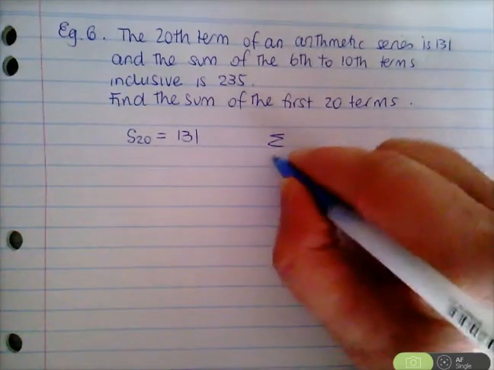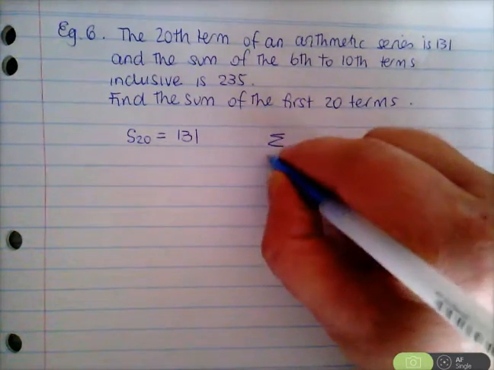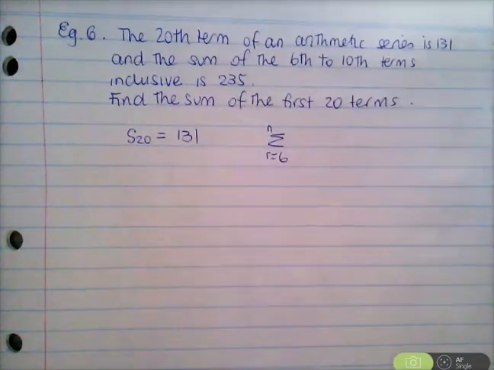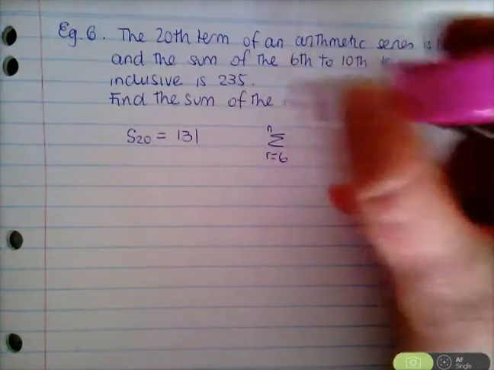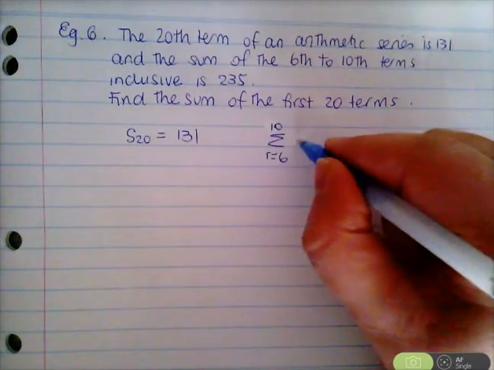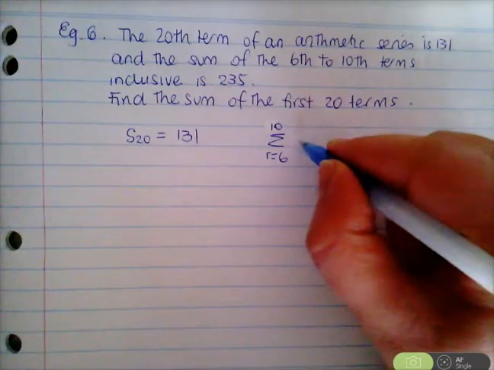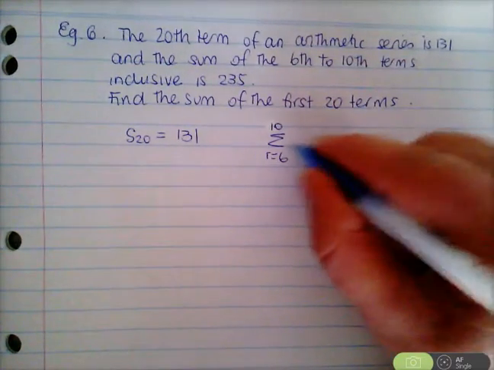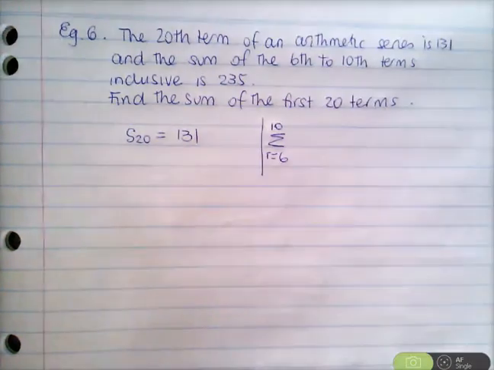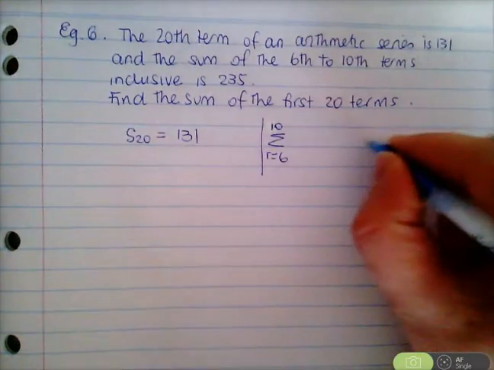So that information is the sum from r is 6 to 10 of whatever the general form of the function is, whatever that's going to be.